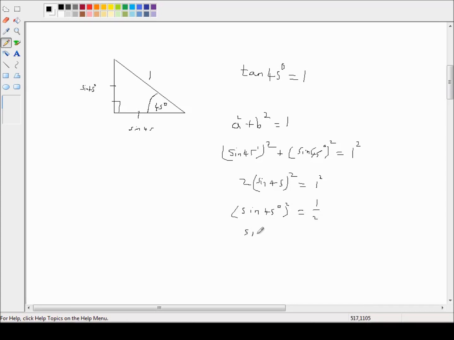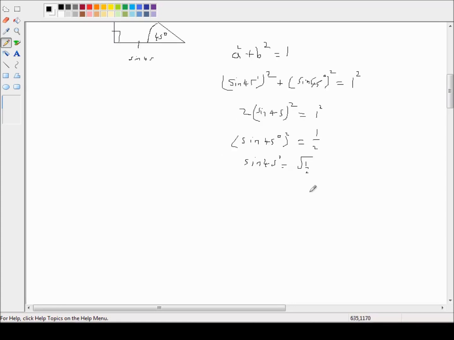So sine 45 degrees is equal to the square root of 1/2, which we could also rewrite with a little bit of surds as 1 over the square root of 2.